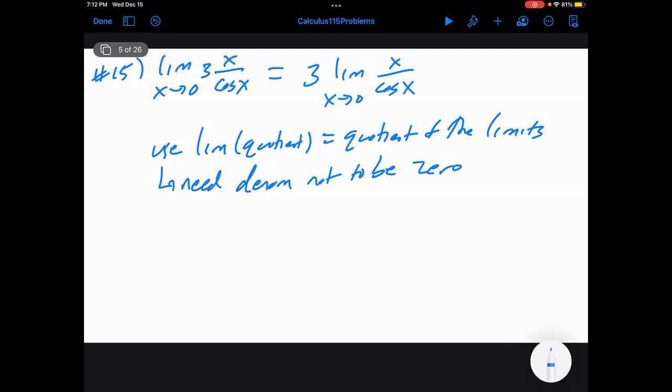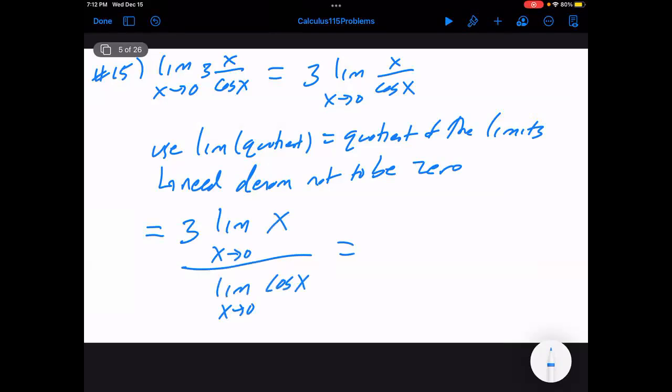What is cosine of 0? It's 1. So this is going to be 3 times the limit as x goes to 0 of x divided by the limit as x goes to 0 of cosine of x, and I'm showing all the steps. So it's going to be 3 times 0 over 1, which is just 0.